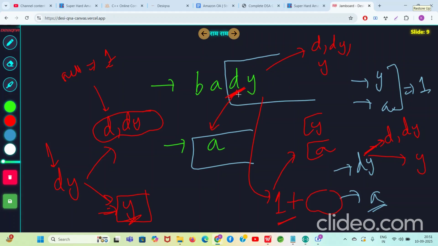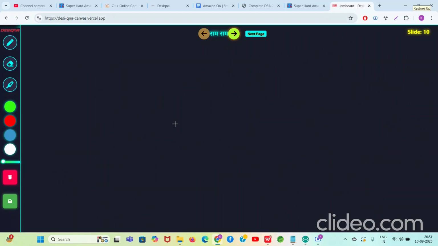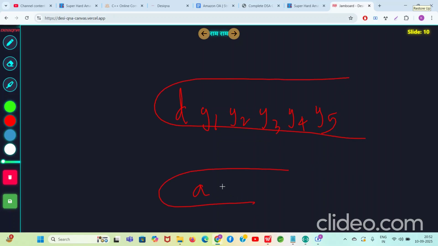Why? Because the first character is bigger than a itself, right? What I'm trying to say is that if this was d, and this was y1, y2, y3, y4, y5, and this was a, and I'm trying to ask you how many subsequences of this string are larger than a.